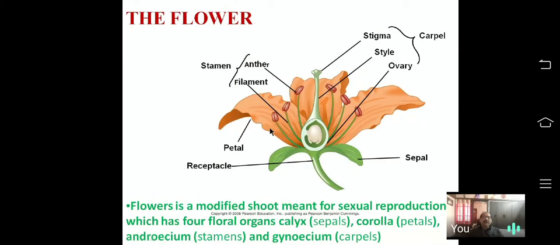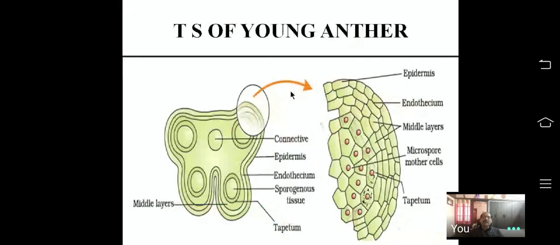Next, we learn about the internal structure of the anther. I will show that in my next slide. See here. This is the transverse section of a young anther.